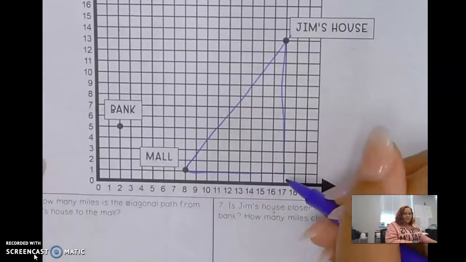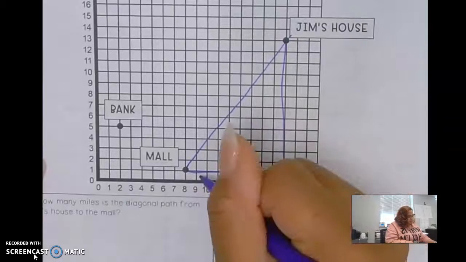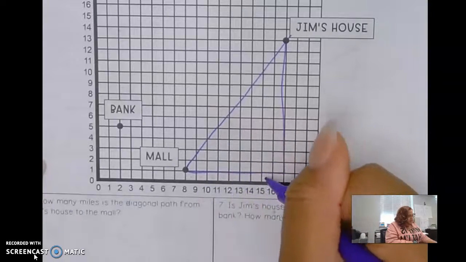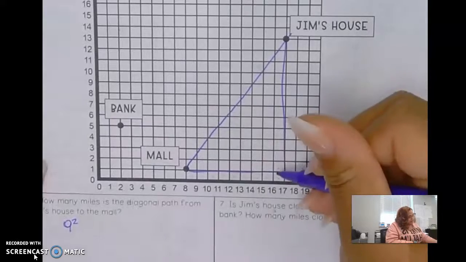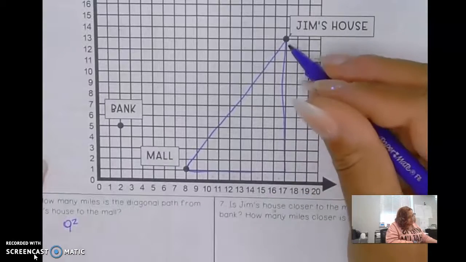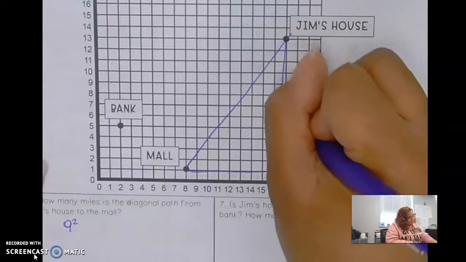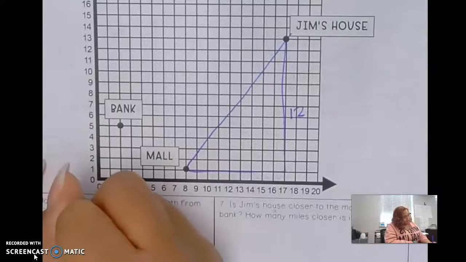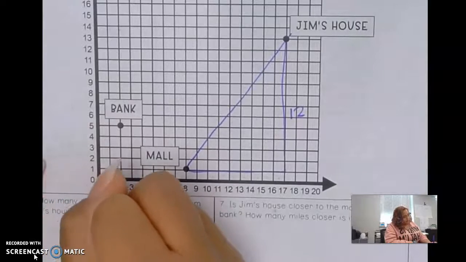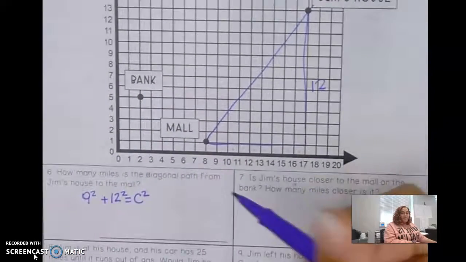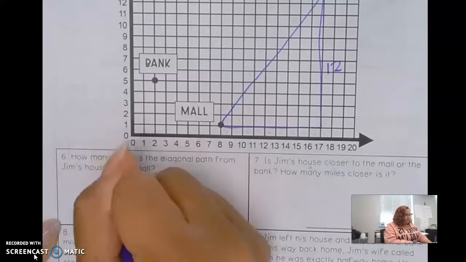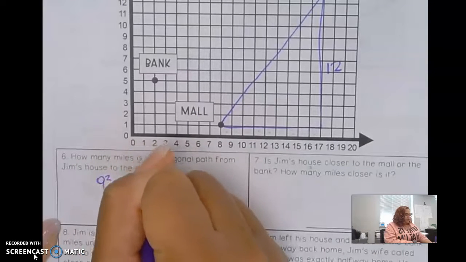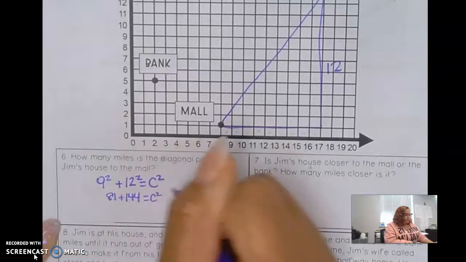All right, so from 8 to 17, that's 1, 2, 3, 4, 5, 6, 7, 8, 9. And then from 1 to 13, that's 12. Equals c squared. So I'm going to calculate c squared. So 9 squared is 81 plus 144 equals c squared.